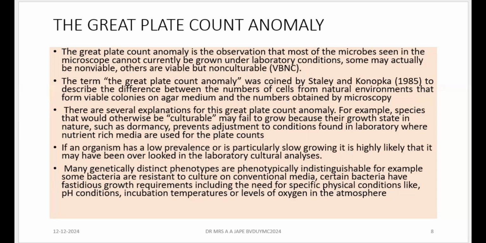So if they are in the dormant phase, we need to adjust the laboratory conditions so that the dormancy is broken and the cells are triggered to grow and multiply. You have to provide a particular nutrient that will trigger the change of mode from dormancy to vegetative cell growth.